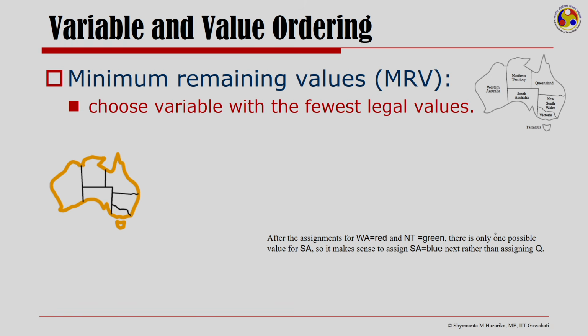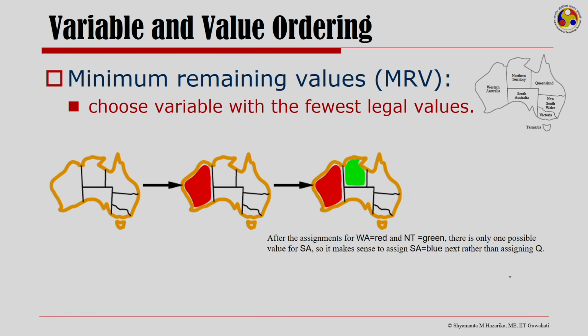Let us say after the assignment of WA to red, we assign NT as green. Now there is only one value possible for SA here, and that is blue.